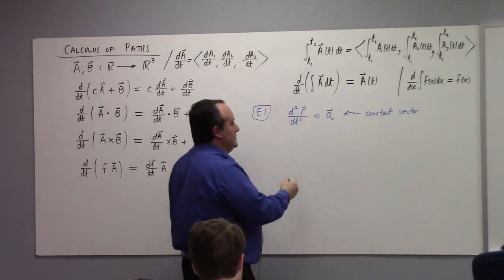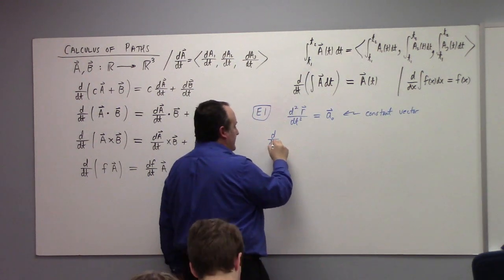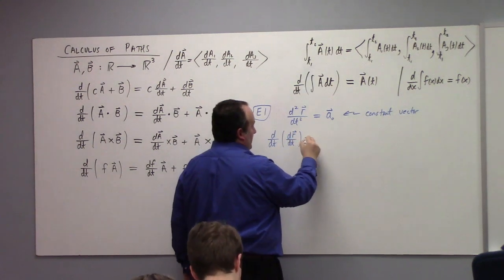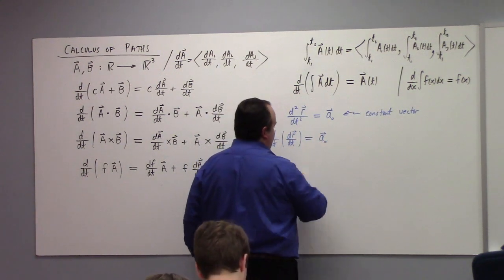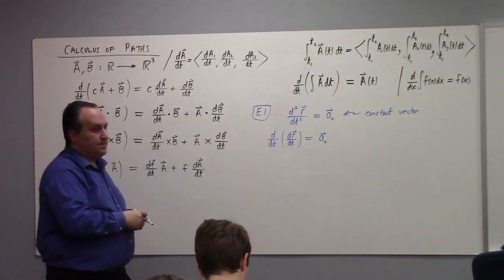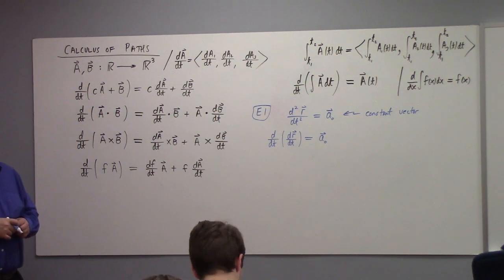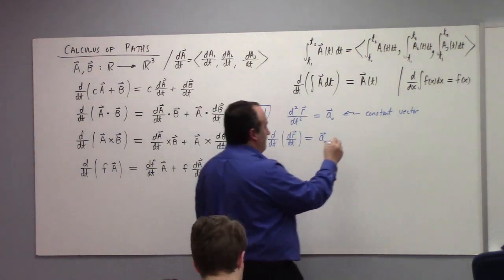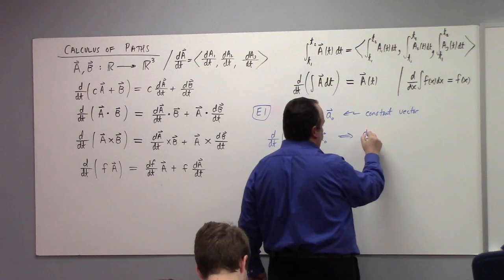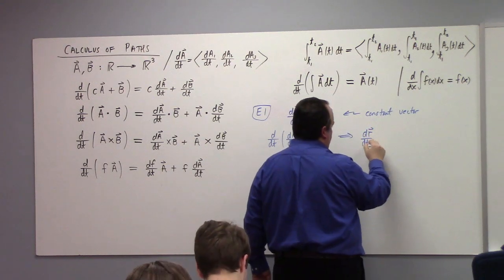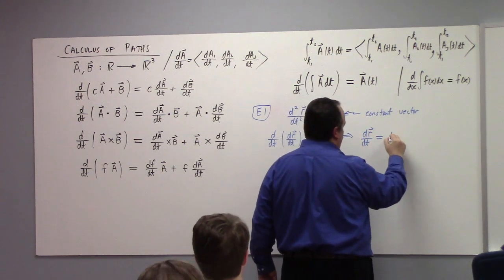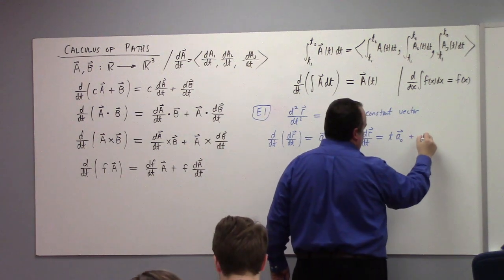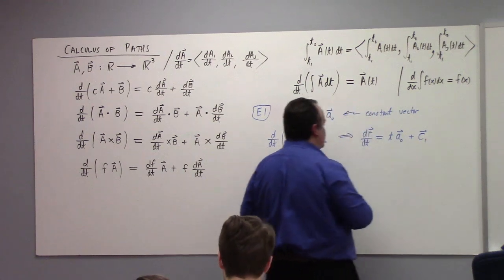What this means is that d/dt of dr/dt is equal to this constant vector. So what does this mean? What can we tell about dr/dt? dr/dt is equal to t times a sub naught, plus some constant, let's call it c1.